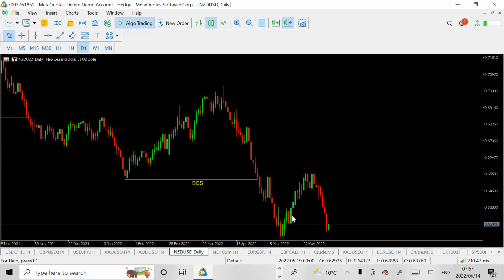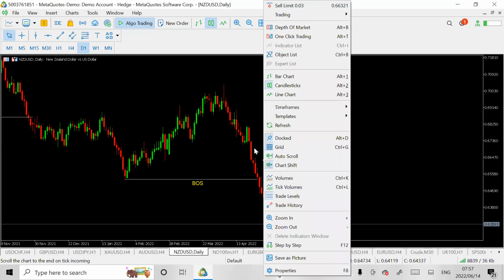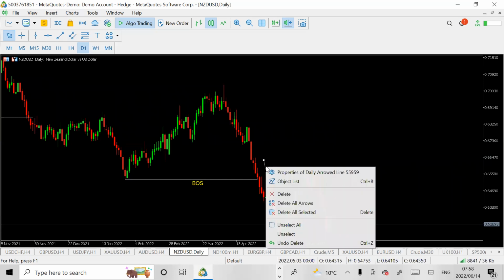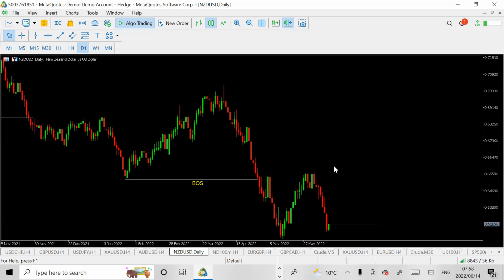Wherever we have a break of structure, you know what we're expecting. What do we expect? Wherever you have a break of structure like the one we had on daily, this is our daily, you see? So what are we expecting, in case you want to make an entry?